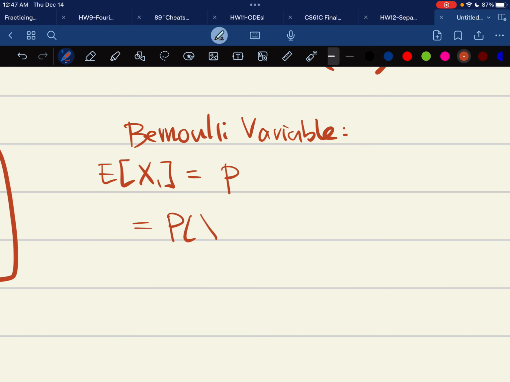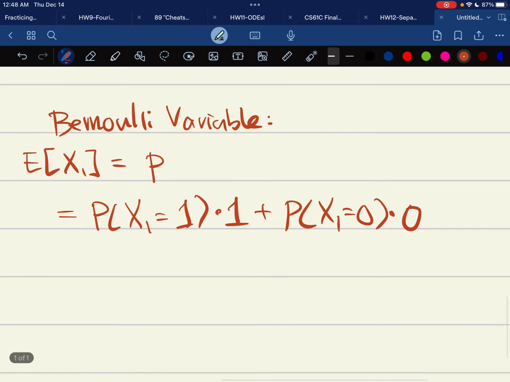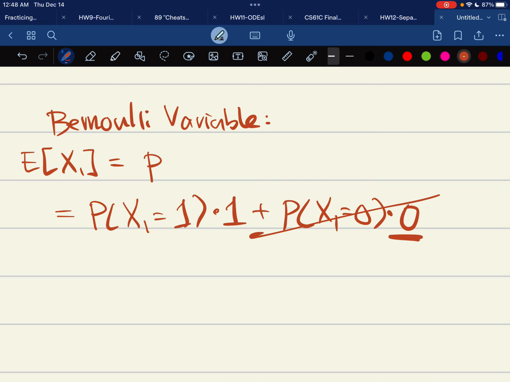So that just includes 1 and 0. Thankfully for us, this 0 part makes this cancel out, so all we have to calculate is this part. So the expectation of a Bernoulli variable is just p, right? Because the probability that x1 is equal to 1 is just p.